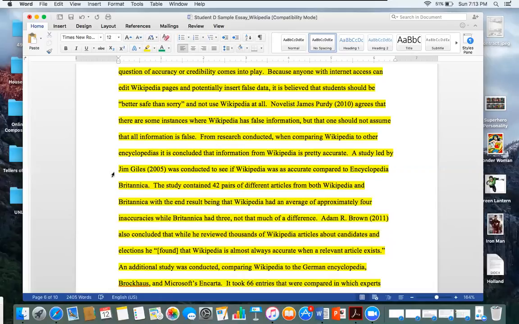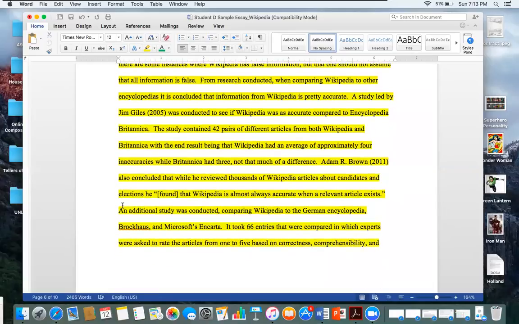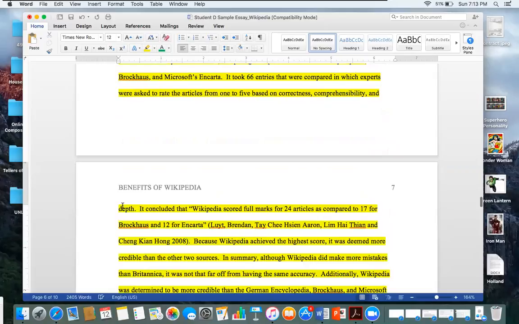Adam R. Brown also concluded that while he reviewed thousands of Wikipedia articles about candidates and elections, he, quote, found that Wikipedia is almost always accurate when a relevant article exists. An additional study was conducted comparing Wikipedia to the German encyclopedia Brockhaus and Microsoft's Encarta. It took 66 entries that were compared, in which experts were asked to rate the articles from a 1 to 5 based on correctness, comprehensibility, and depth.